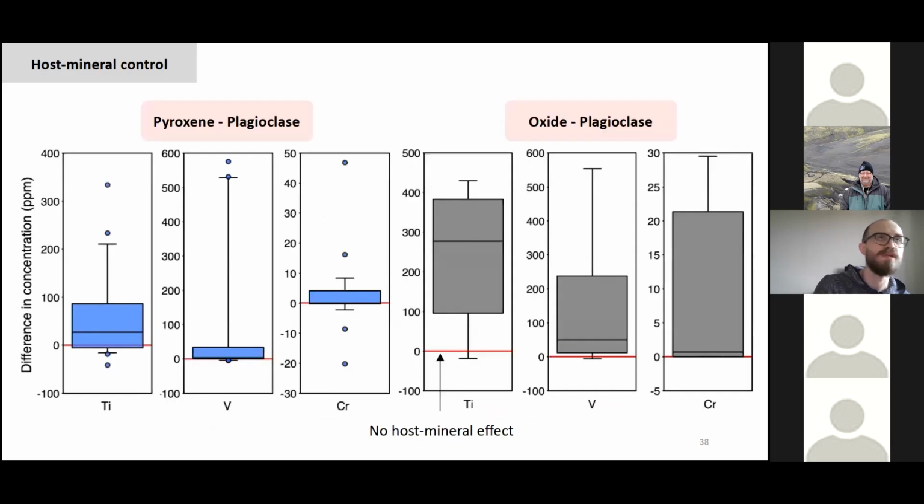So before we can use vein mineral chemistry as a way to vector towards mineralization, we have to understand what it is that is actually controlling the chemistry of the veins. Now, this control can be very local, based on the composition of the mineral that the vein cross-cuts, or it can be at a slightly larger scale, based on the composition of the host rock, or it can be based on the chemistry of the fluids from which they precipitated.